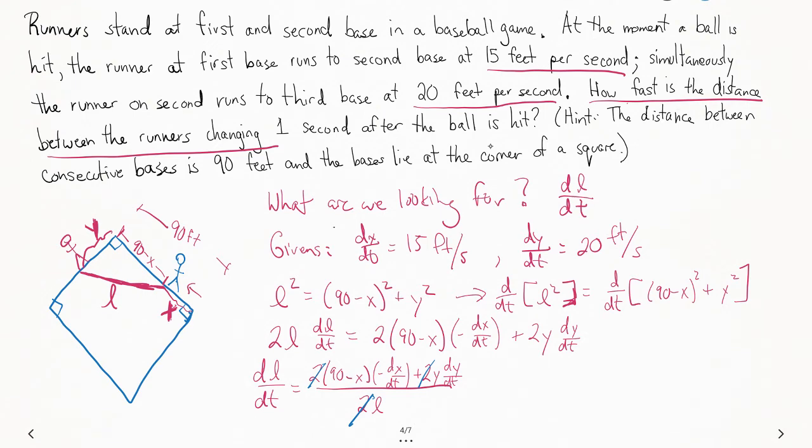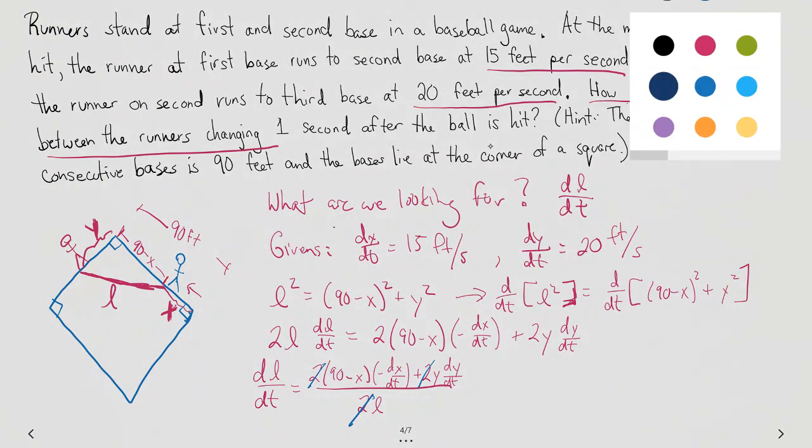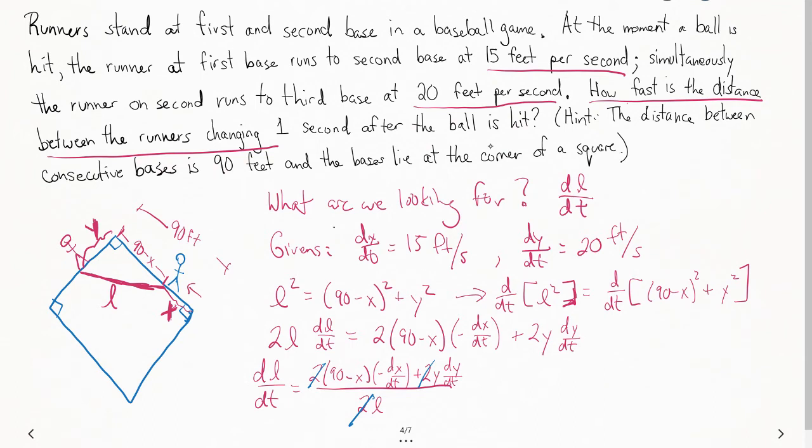Okay, let me actually use a different color here. Alright, so we know that this time that we're looking at is 1 second after the ball is hit. Well, if it's 1 second after, you take 15 feet per second times the 1 second. Notice we're left with a distance, right?